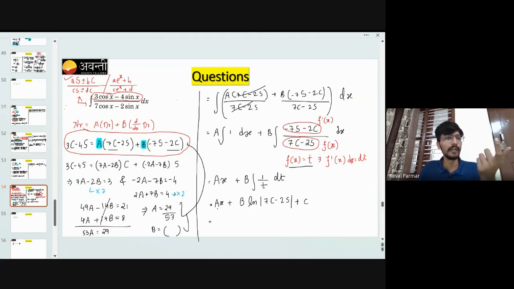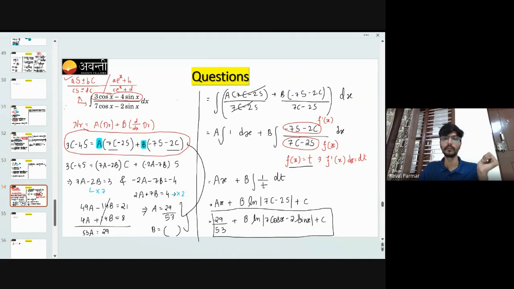Now we just have to find the value of a and b. A का value क्या था? 29 by 53 plus. Similarly, you will get the value of b. ln mod 7 cos x minus 2 sin x plus c. This is my answer. Got it?